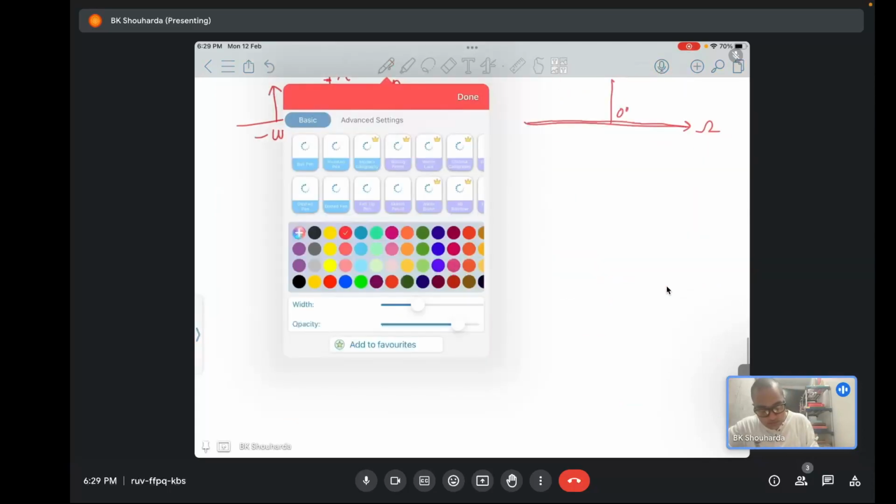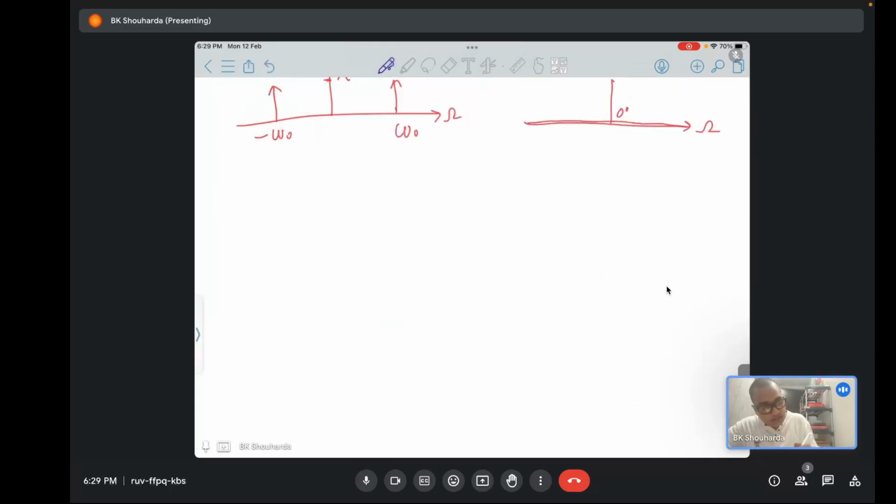Now let's move to the fourth question. Now we will be dealing with a system. So what have we been asked to do? Find the transfer function for the circuit.